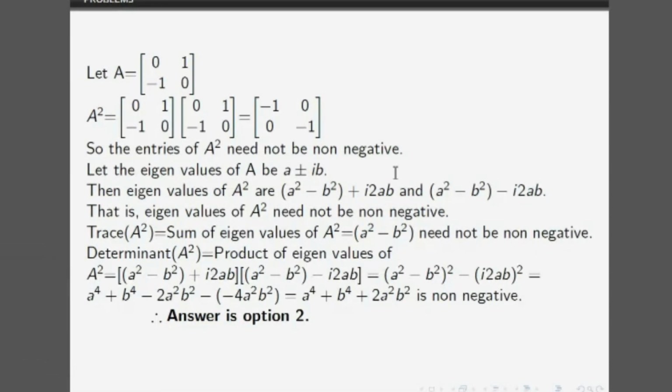What I was trying to say is that if we are taking the real case, these eigenvalues are obviously non-negative. Its trace and its determinant are all trivially non-negative. That is the reason. It's not that I skipped that point.